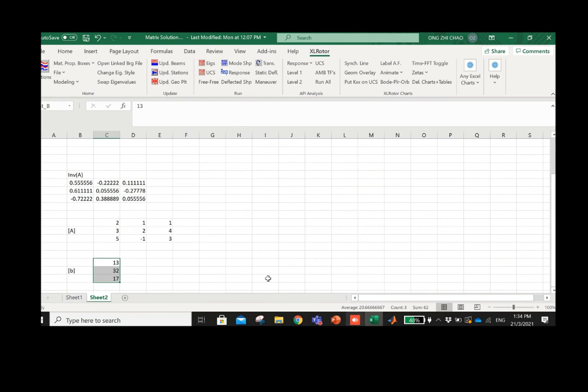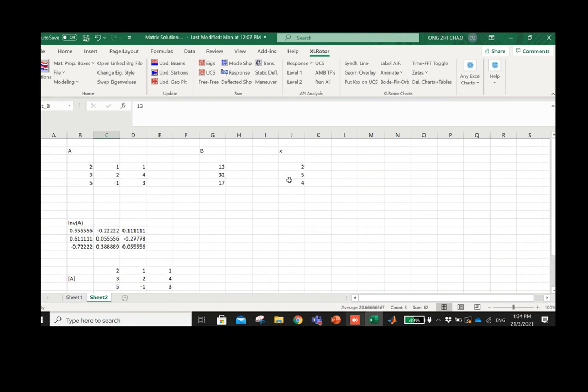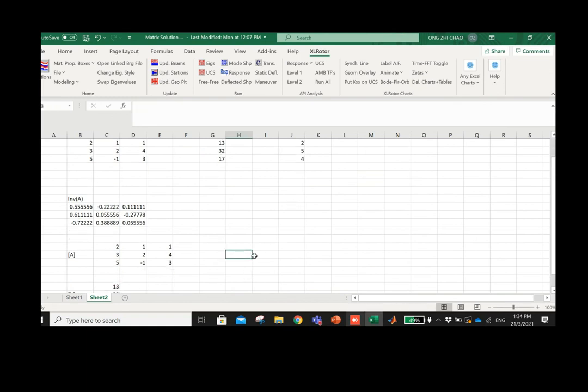Right? So I need to find my x. My x is the inverse of A multiplied with B. So first we have to find the inverse of A. So here I put inverse A, okay? Then I can use the function M inverse.